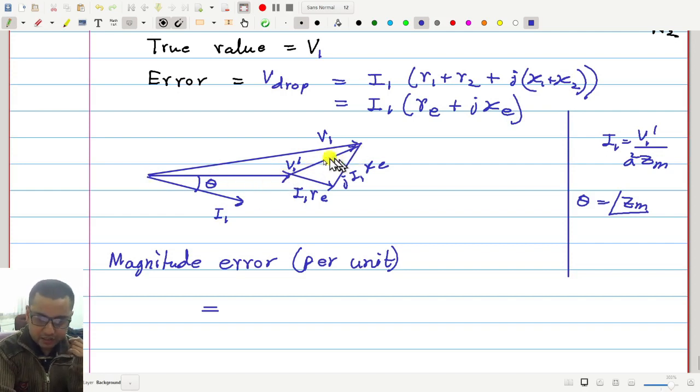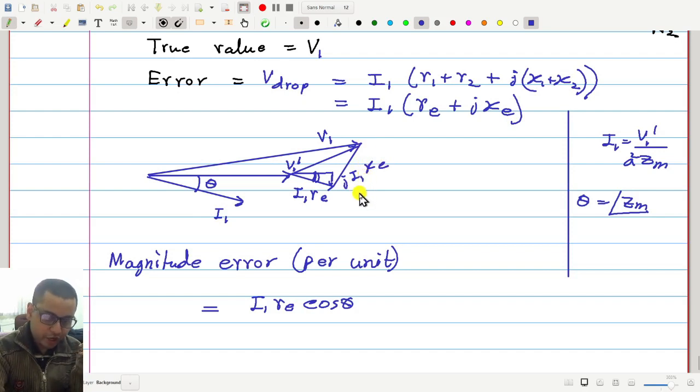How much is that? Notice that this angle is theta. If this angle is theta, then I1 Re cosine theta will be the horizontal component contributed by I1 Re. And similarly, this vector I1 Jxe will also have a horizontal component.